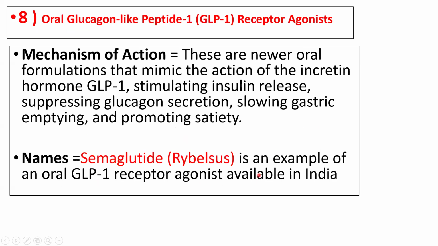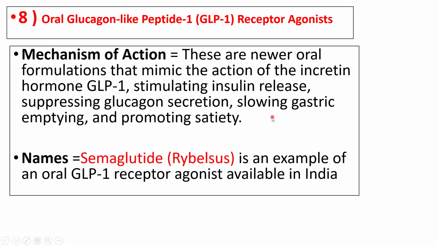Okay. Now, oral GLP-1 receptor agonists. Agonist means same action. These are newer, very fresh oral formulations that mimic, meaning imitate, the action of incretin hormone, stimulating insulin release, suppressing glucagon secretion, slowing gastric emptying, and promoting satiety. Very difficult to understand all these things.